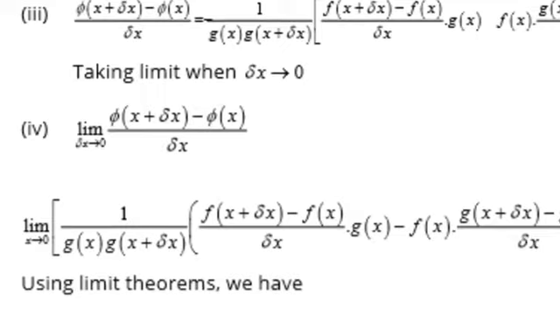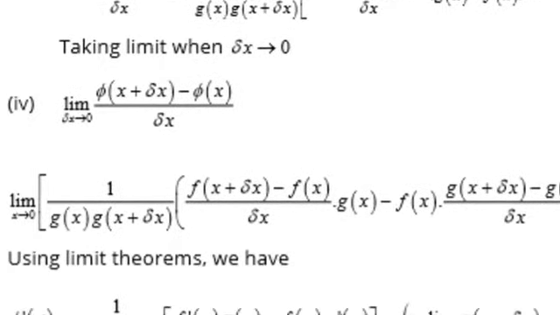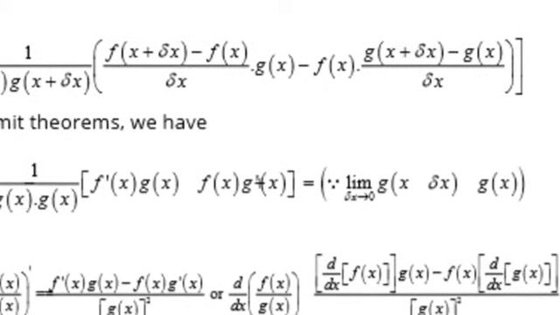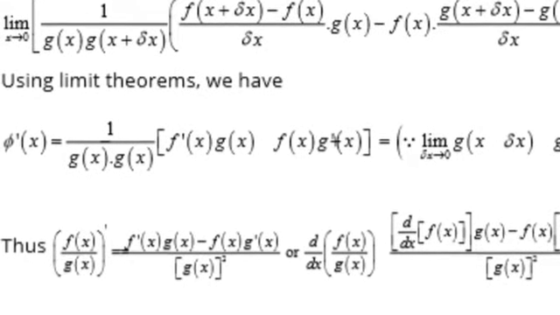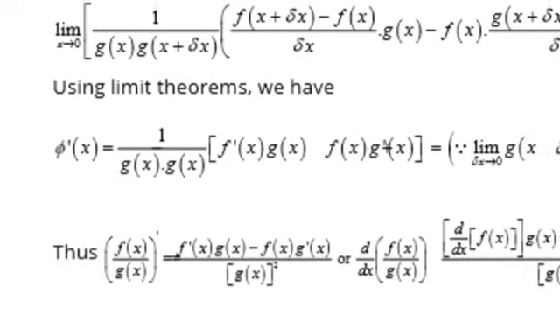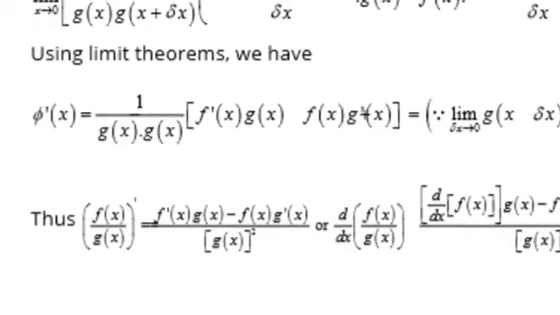Then taking the limit, the first bracket becomes f dash of x and the second is g dash of x.